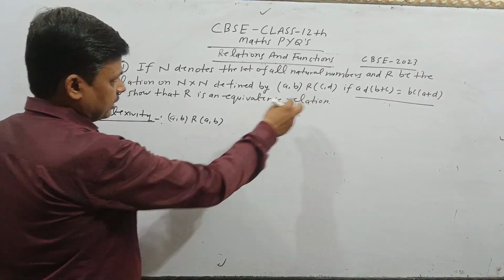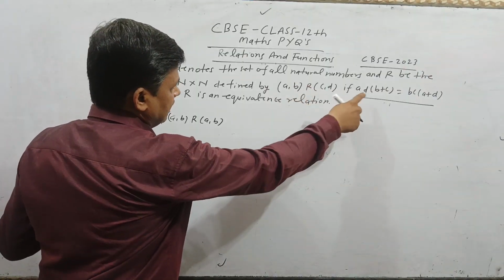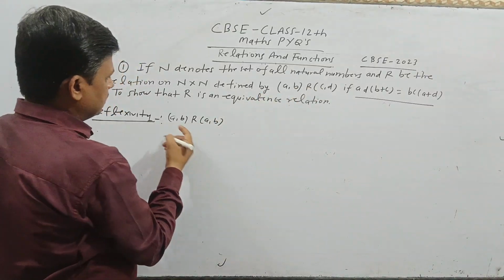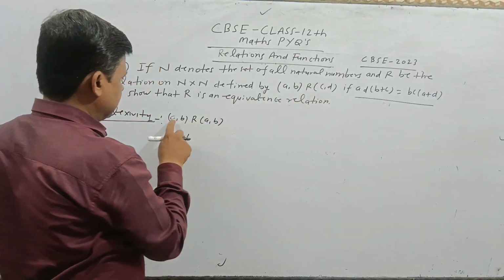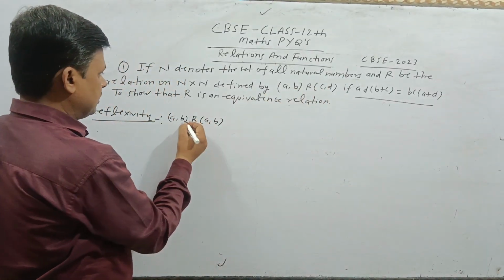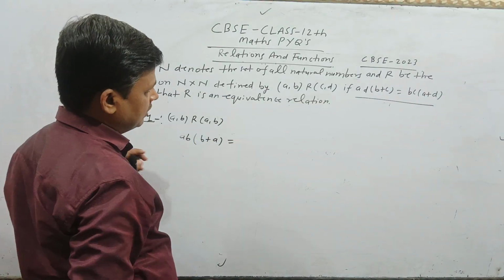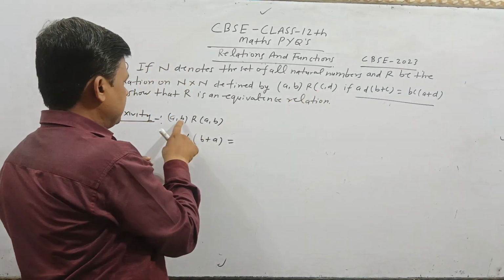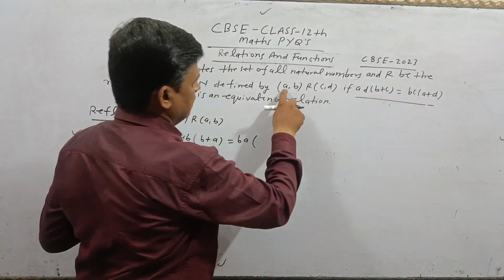So here (a, b) relates to (c, d). So what will happen? a(d + c)... whether this is true. So in this way, here is ad, here is a, b plus c. So it will be ab, b plus a, whether this is equal to b(c + a + d). Here it is ba, and here it is a plus d.